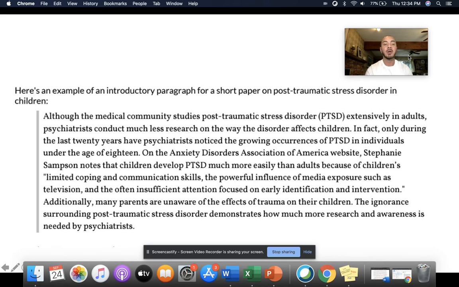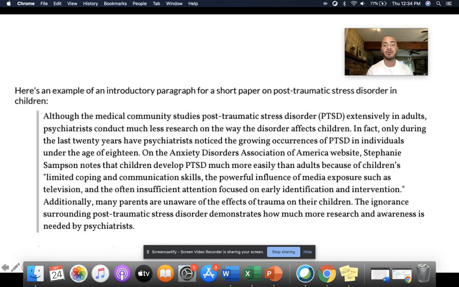Although the medical community studies post-traumatic stress disorder, PTSD, extensively in adults, psychiatrists conduct much less research on the way the disorder affects children. In fact, only during the last 20 years have psychiatrists noticed growing occurrences of PTSD in individuals under the age of 18.